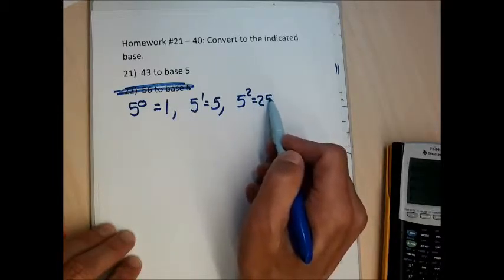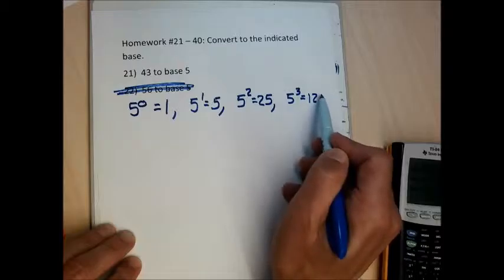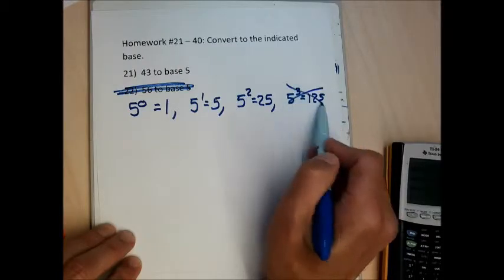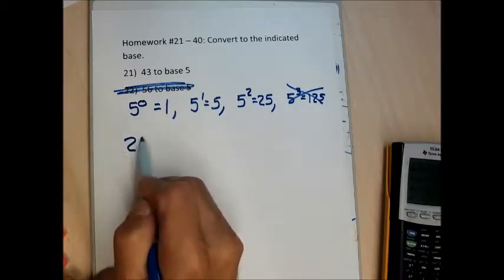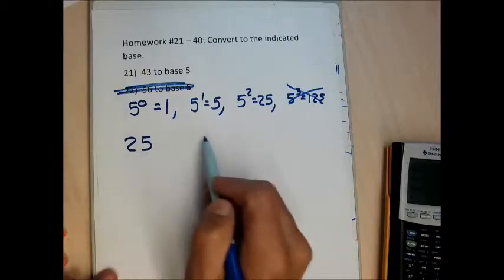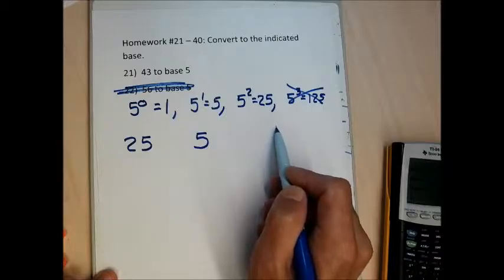That's less than 43. I'm going to write the next power of 5 down. 5 cubed equals 125. That's too big. So the numbers that I'm going to work with to get my 43 written in base 5 are 25, 5, and 1.